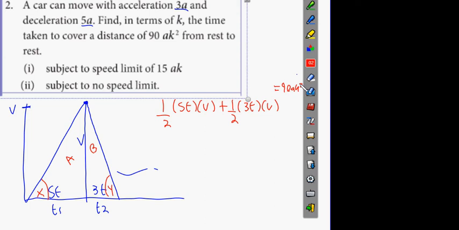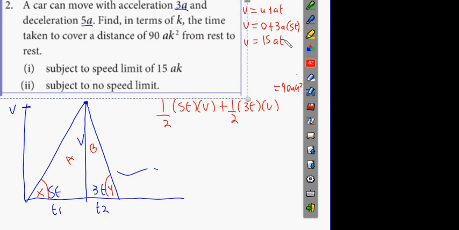So if I go back to the very beginning and use v equals u plus at, it starts from rest, so u equals 0. Our a is 3a. Our time is 5t, and that equals v. Therefore, v equals 15at.